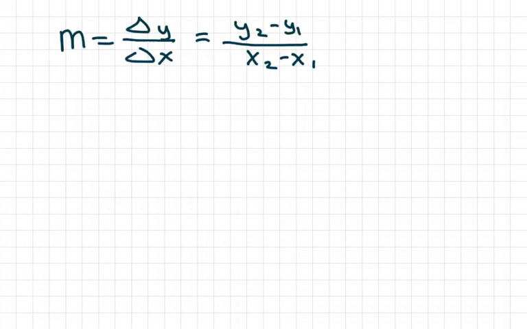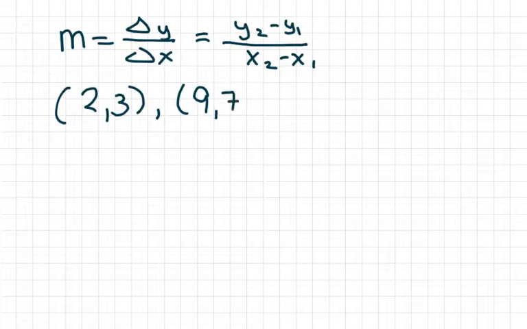Okay, so we're going to use the slope formula to find the slope of the line that passes through these points. So I have 2 points here, and I'm just going to do this algebraically. You have 2 comma 3 and 9 comma 7.